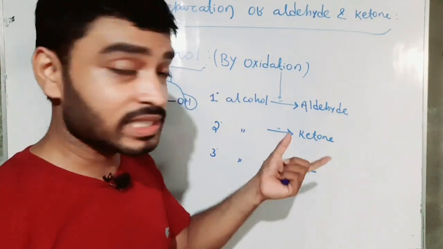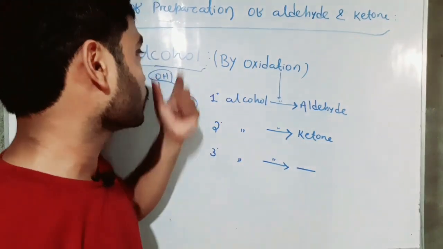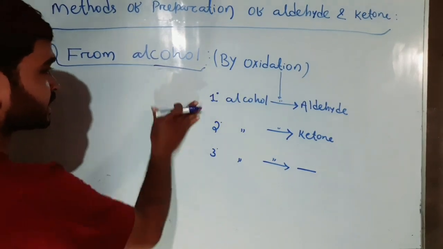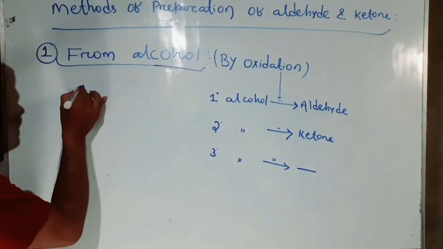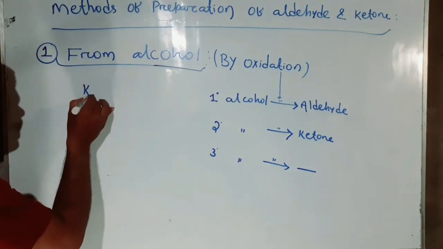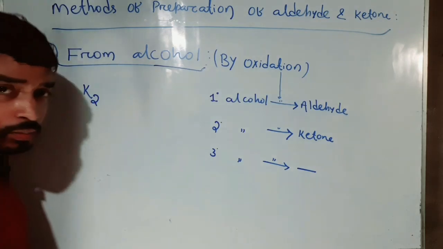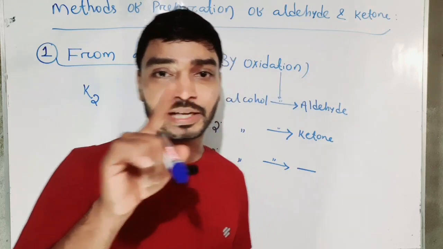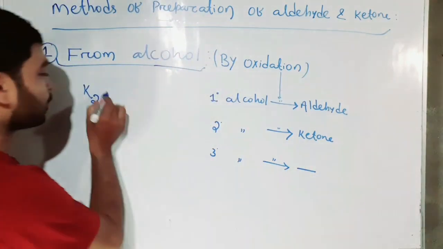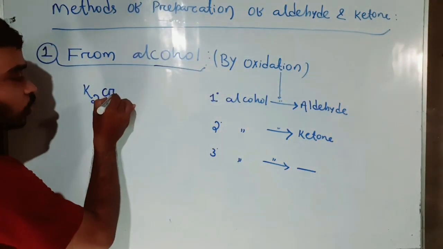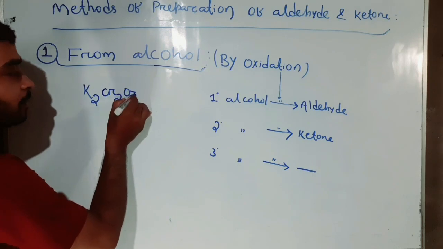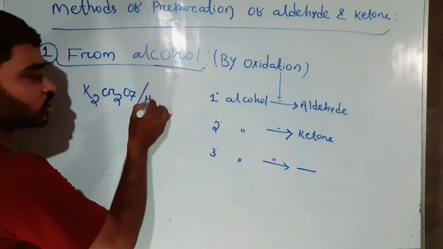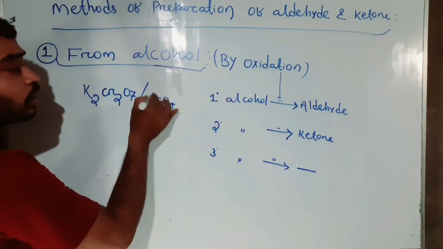So I am writing the oxidizing agents first. After that, we will go for preparation. The two types of oxidizing agents: first, acidified potassium dichromate. Dichromate has the ionic formula Cr2O7 2-, potassium has the formula K+, so the molecular formula is K2Cr2O7, and for acidified medium you can take any acid, or write H+. I am writing sulfuric acid here, or you can write H+.